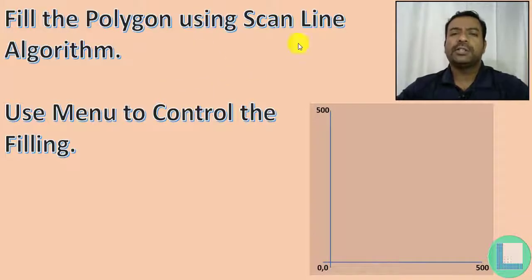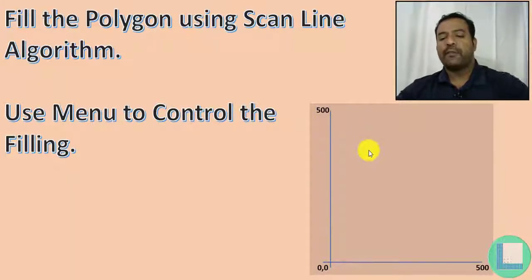And so now in this program, we are going to keep a coordinate system, that is, keeping the origin at 0, 0 at the bottom left corner, with the right value being 500 and the top value being 500.